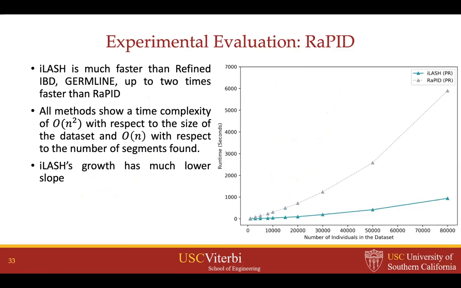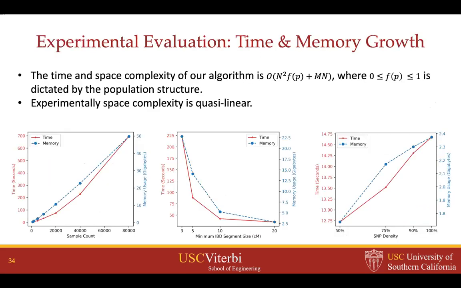Comparing with RAPID, we're still faster than RAPID. I think RAPID can be made faster; maybe there are new implementations that use the Burrows-Wheeler transform that are faster. The problem was that it was not very accurate. As for time and memory growth, they're reasonable amounts of memory.